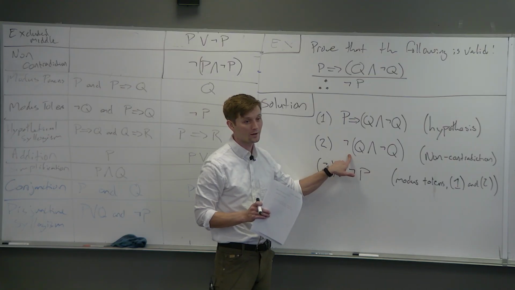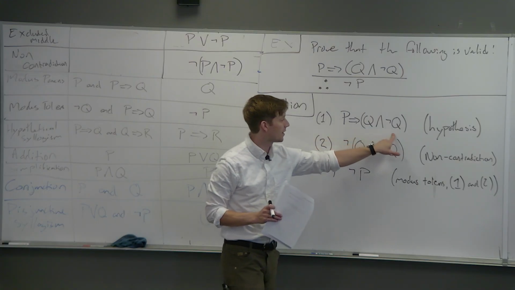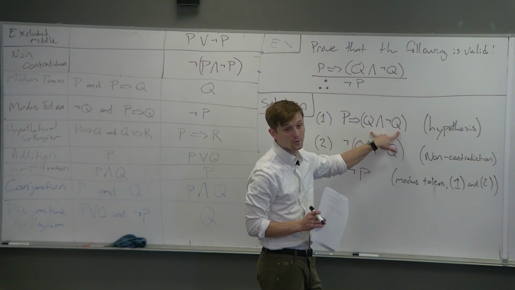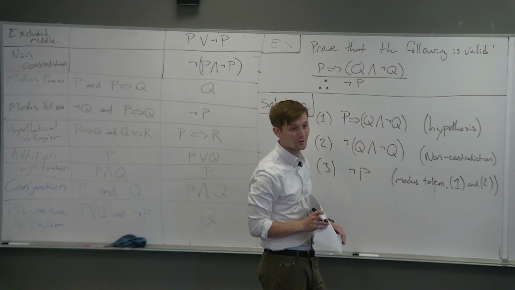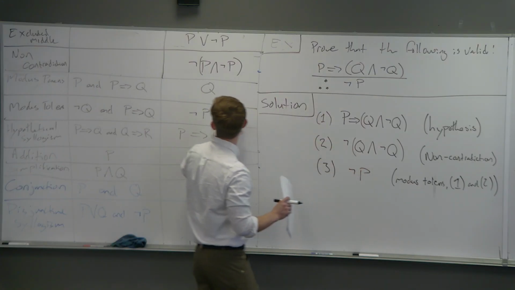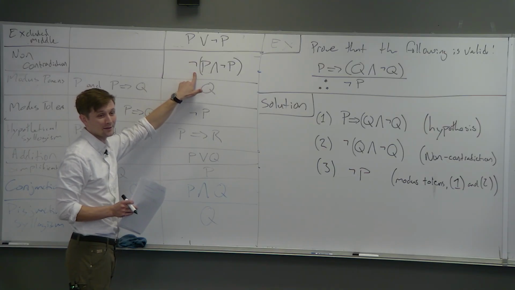Does that change? Okay, so notice when I'm saying this statement right here via hypothesis, I am not saying that the second part is true. What I'm saying is that this whole implication is true. Now the second part is just derived via the law of non-contradiction, which requires no hypothesis.